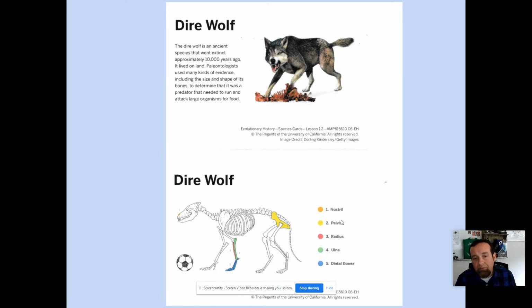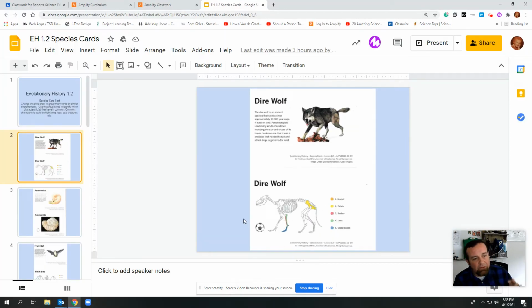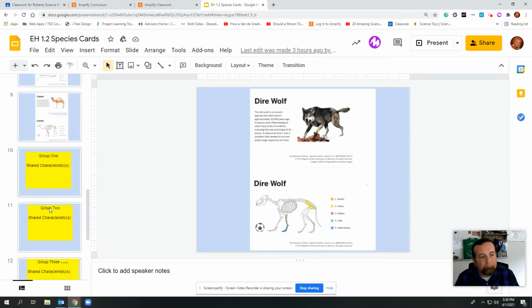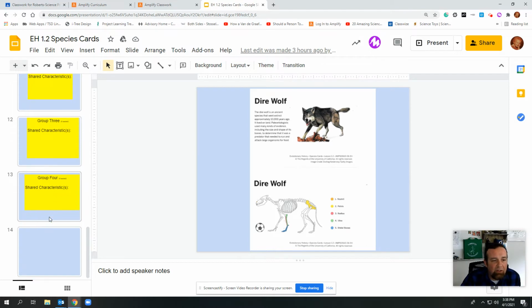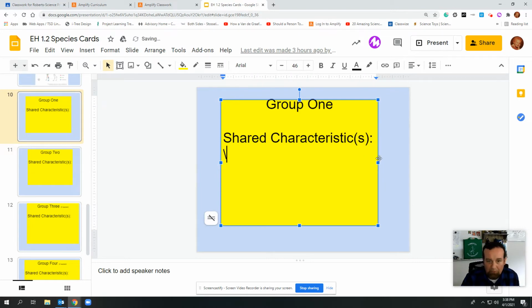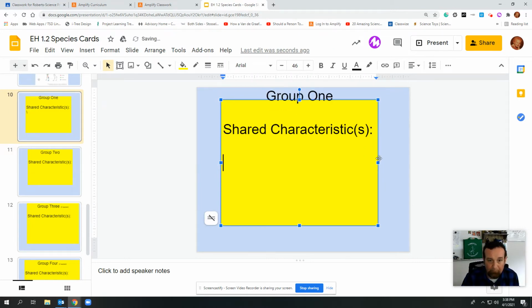So maybe if legs was one of your characteristics, you would put the dire wolf in the legs category. So let's go through this really quick. How would we do that? These last couple slides here at the end have characteristics. So let's just say the characteristics for this one, maybe it was legs.